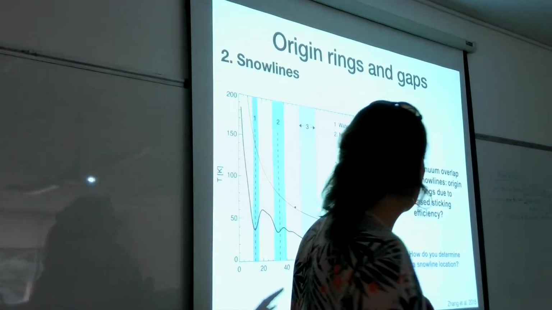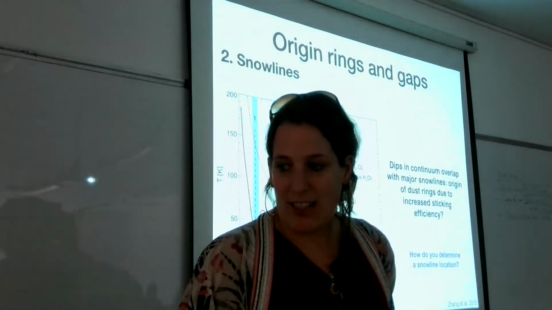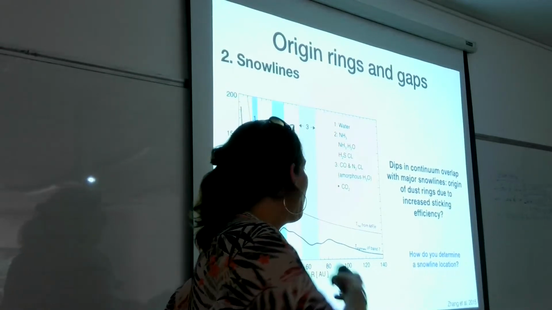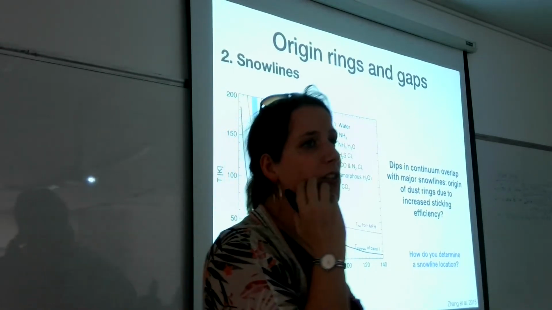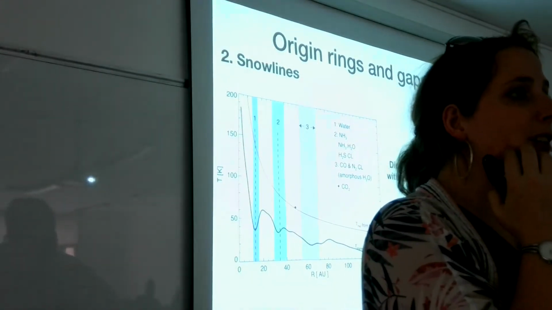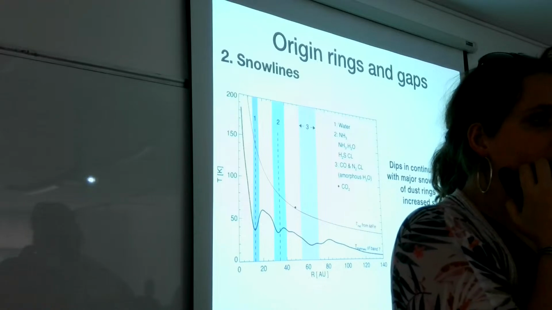So now for HL Tau, how does it need to work? But then, of course, we want to test if this is true for other discs as well. But before we go to that, let me ask you, how do you determine the location of the snow line? How do you know where a certain molecule freezes out? With the equilibrium temperature of the star.